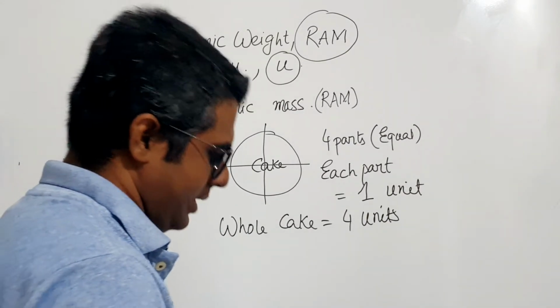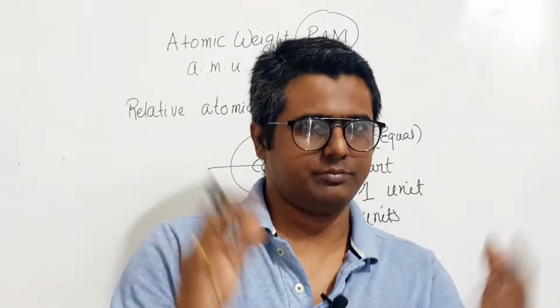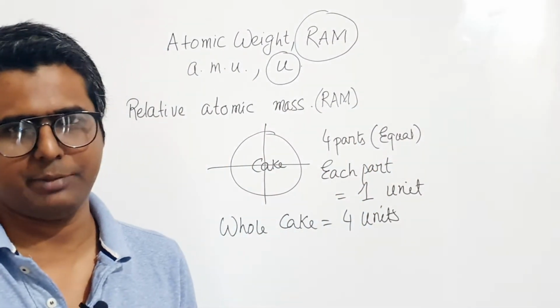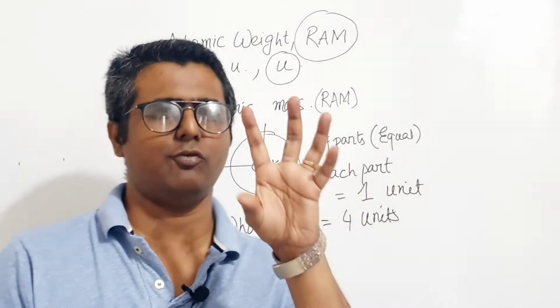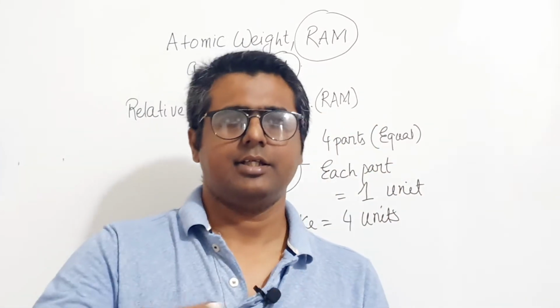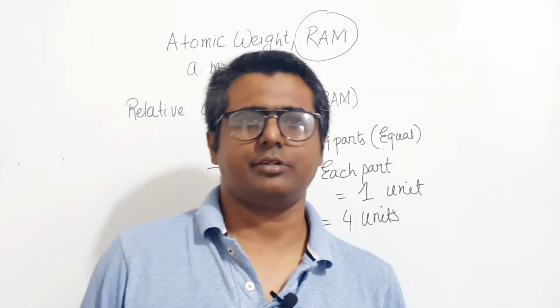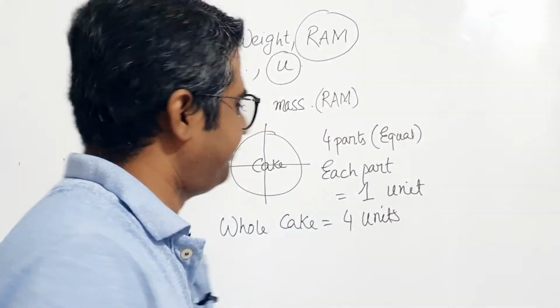First of all, they took one example, let us say hydrogen. Hydrogen has atomic number 1, mass number 1. So, they made it 1 unit only, and they created atomic mass for all other elements. How did they do it?